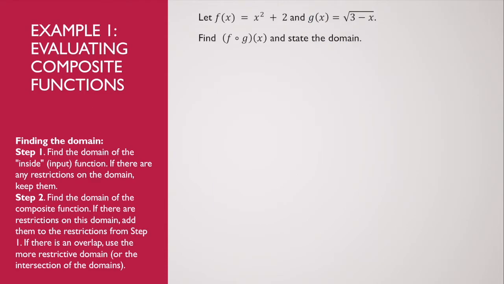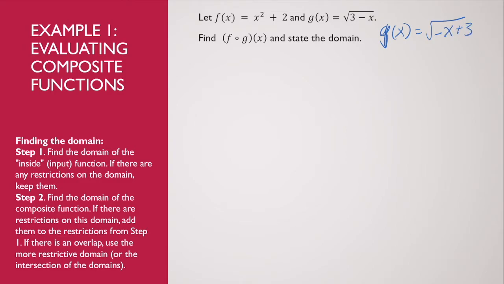Okay, so let's go ahead and find the domain of g of x. The previous example was a rational function. This is a radical function. g of x is the square root of, I could write that as, negative x plus 3.